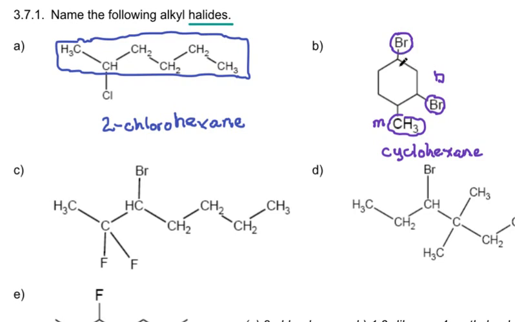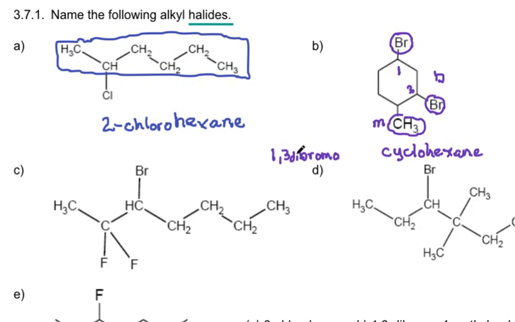So if we put them on carbons 1 and 3, we can call this 1, 3, I'm going to make a small mistake here, 1,3-bromo. See what's missing? There are 2 bromines, so guess what? Dibromo.